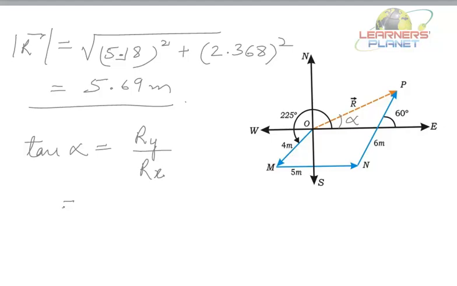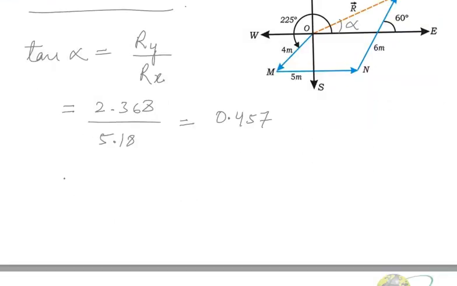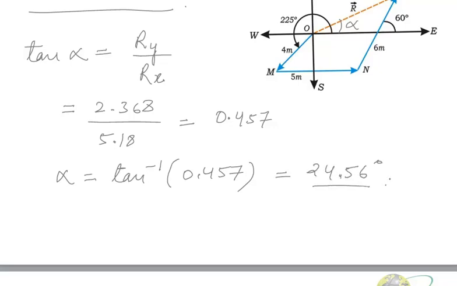So the value of ry is 2.368 and the value of rx is 5.18, which comes to around 0.457. So we can write alpha as tan inverse of 0.457, the value of which, using the antilog table or the scientific calculator, comes to around 24.56 degrees.